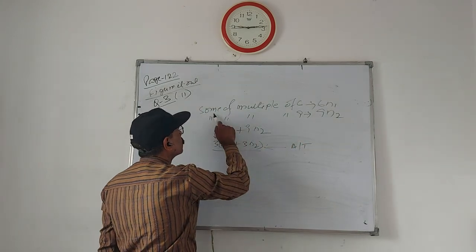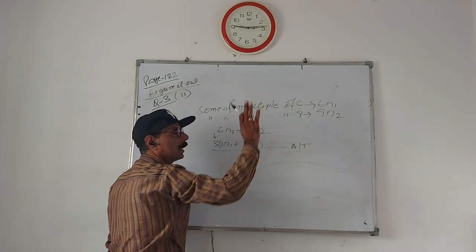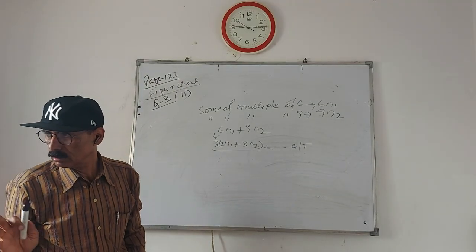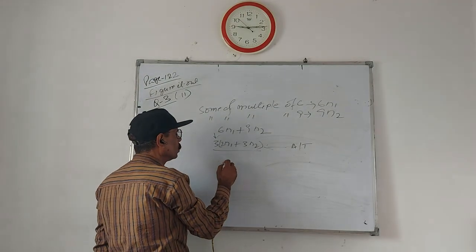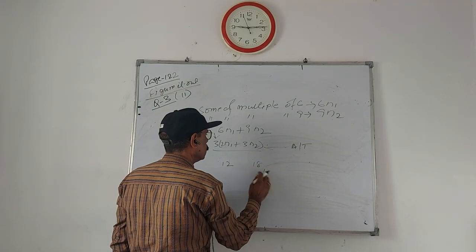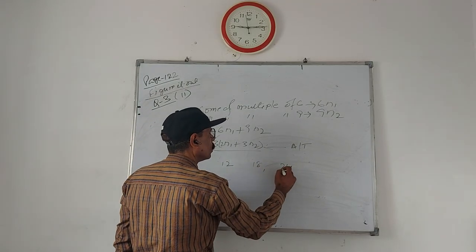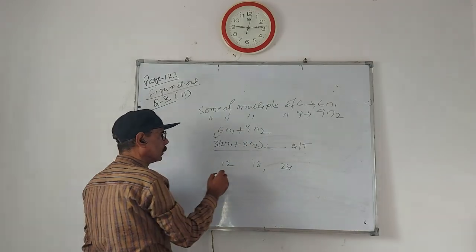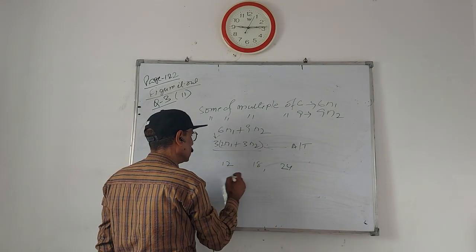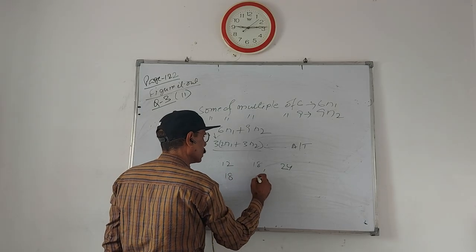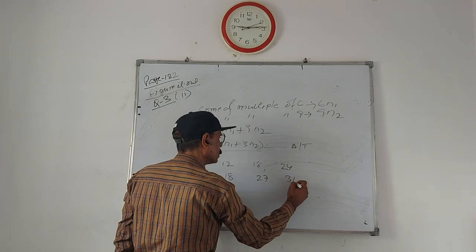See, take any multiples of 6. Take 2 or 3 numbers: 12, 18, 24. Now multiples of 9: 9 twos are 18, then 27, 36.